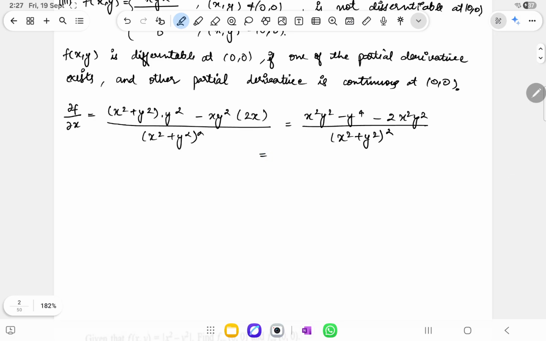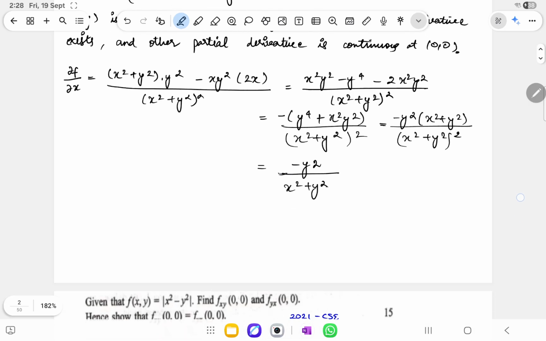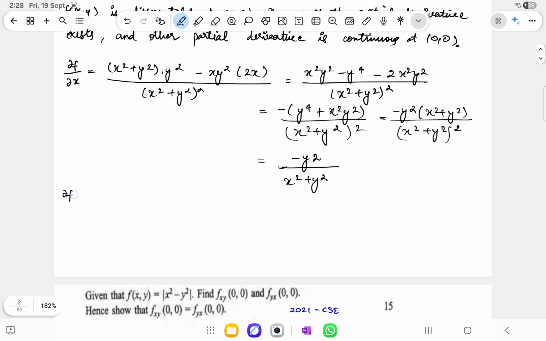If I simplify, I get minus of y raised to 4 plus x square y square divided by x square plus y square whole square. I can take y square common, so I get x square plus y square divided by x square plus y square whole square, and this will be equal to minus y square divided by x square plus y square. So this is the partial derivative of f with respect to x.